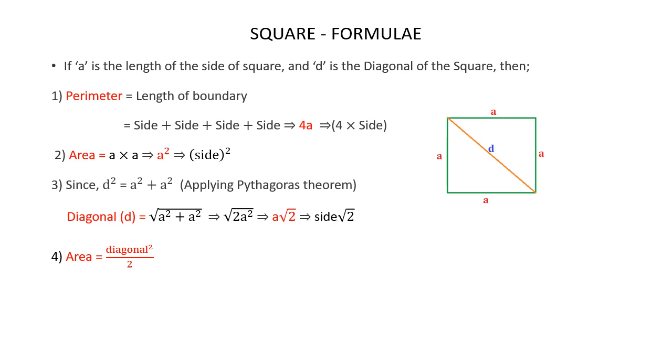Now 2A squared divided by 2 is nothing but A squared, and A squared is nothing but area of the square. So whenever the value of diagonal is given and you're asked to find the area, use the formula area is equal to diagonal squared divided by 2. Remember these four formulae to solve problems on squares.